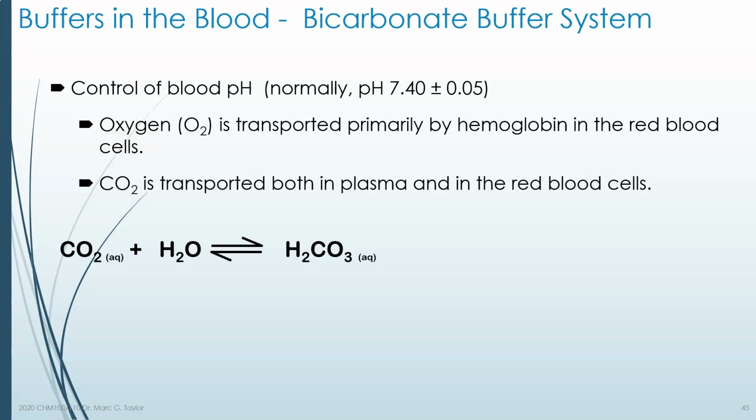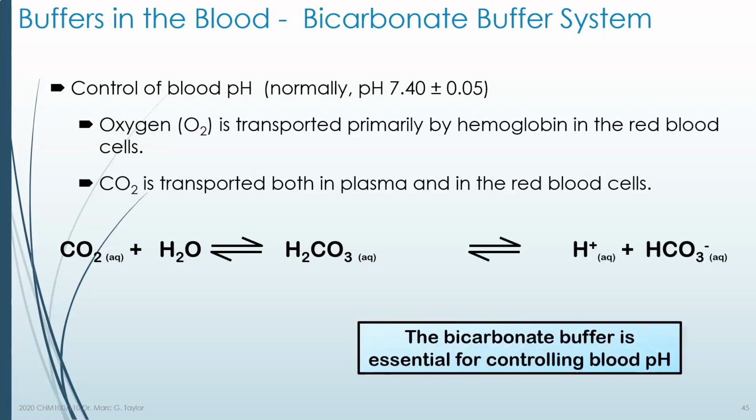And this is problematic. You don't want too much CO2 in your blood at any one time. A small amount is okay. A large amount will mean that your blood becomes very acidic because this acid will release protons, and that will be an acid. Of course, the better way to draw this would be to write it with water, so the proton is released to the water and you make hydronium ion, but that's the same thing. You end up producing acid because you have too much CO2 in your blood.